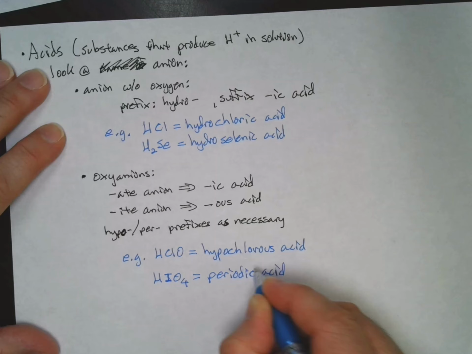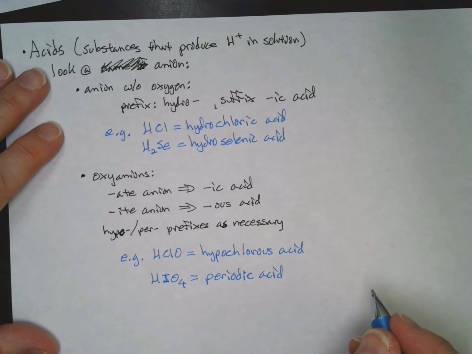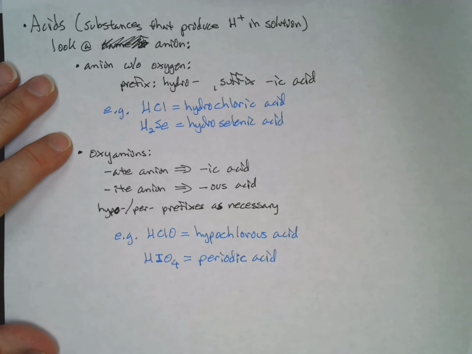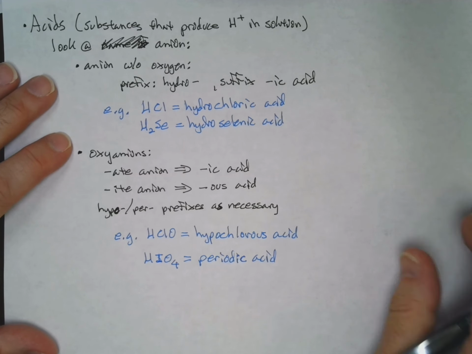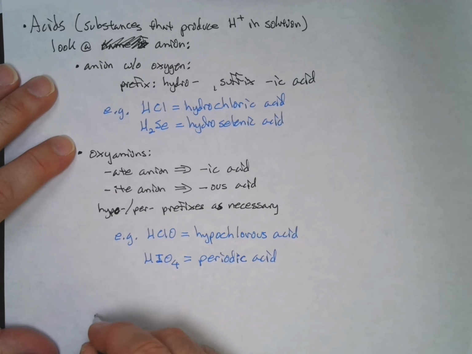Yes, I know it looks like periodic acid, but sometimes chemists do put the emphasis on the wrong syllable. In fact, if you want to tell a chemist from a plumber, ask him or her to say the following word.